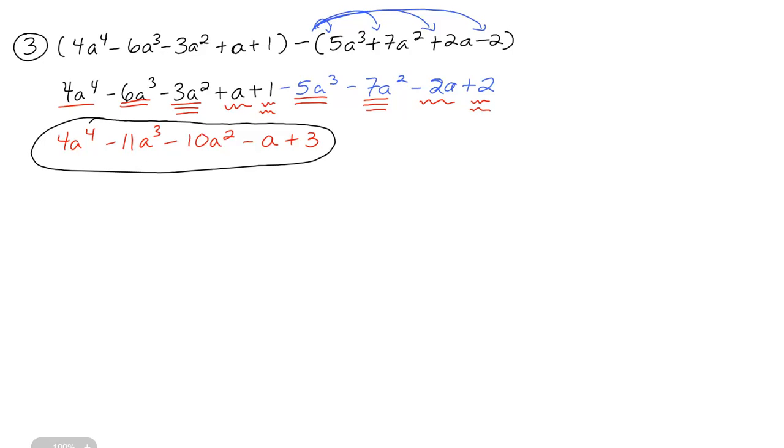Okay, let's do another one together. So again, this is subtraction.